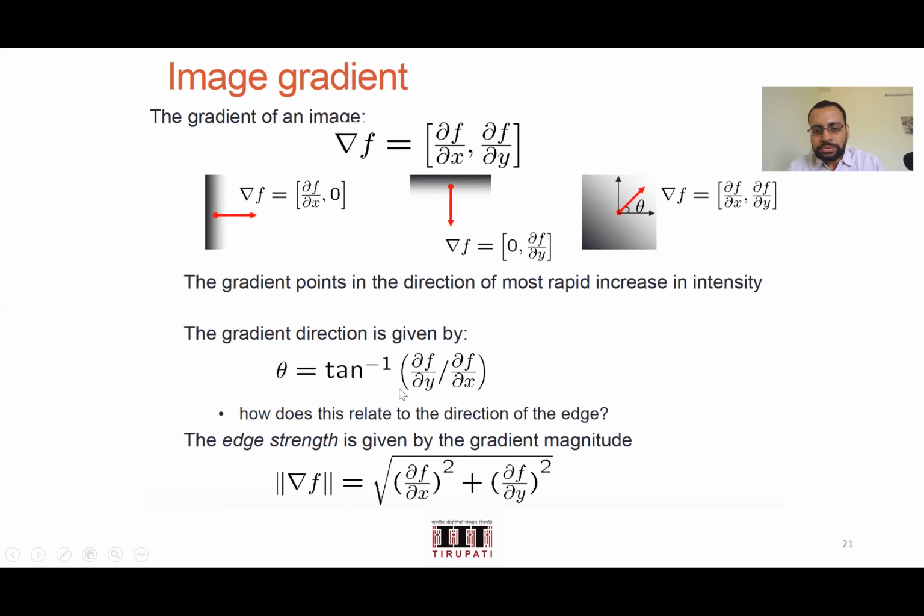What is the range within which you could get these theta values, the orientation angles? I'll remind you of what you have done in the case of phase unwrapping, which you came across in DSP. Now you tell me. The principal value is 0 to pi. Correct, anything over that is a repeat. That is true. But tan inverse as such would give you from 0 to pi by 2 only. So how do you extend it from 0 to pi?